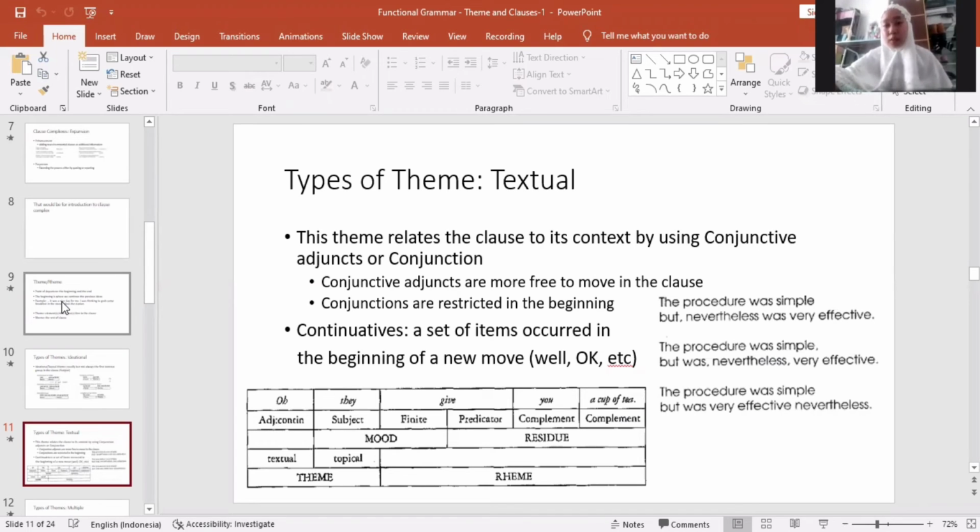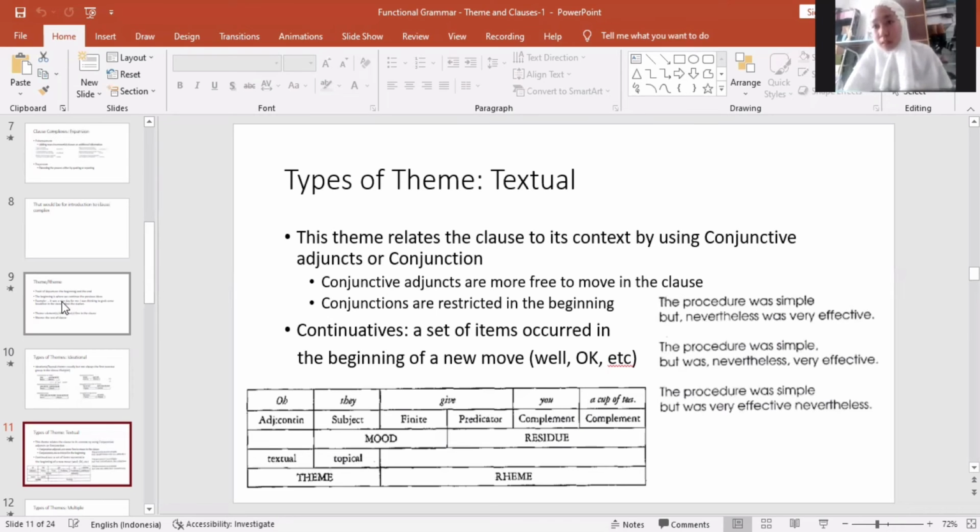So the first is the type of theme. Textual means a language unit in the form of text, and is abstract in the field of roles or discourse of sentence and word. For the textual type of theme, the first is this: the theme relates the clause to its context by using a conjunctive adjunct or conjunction.